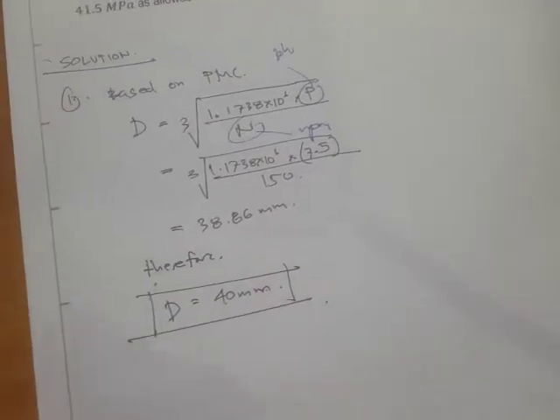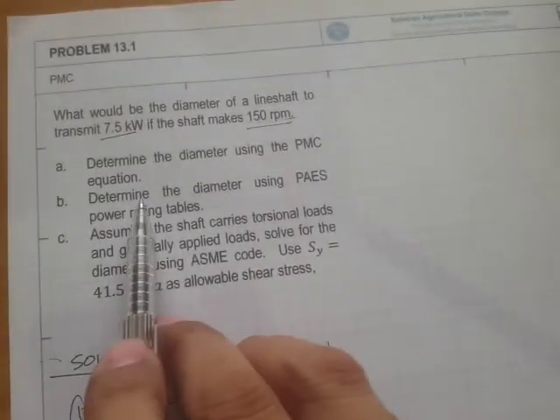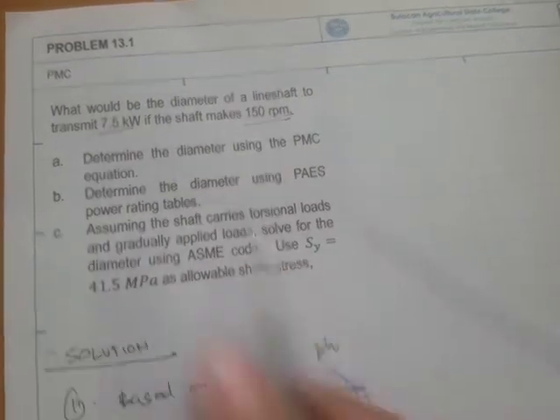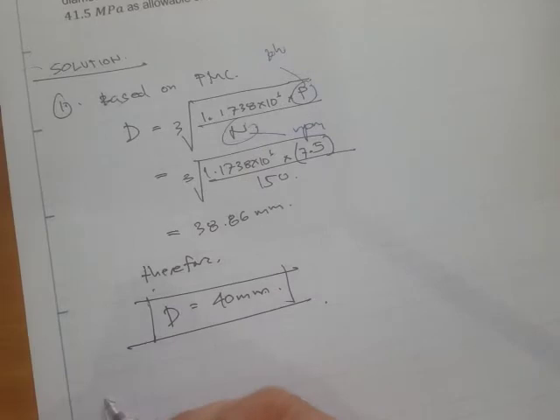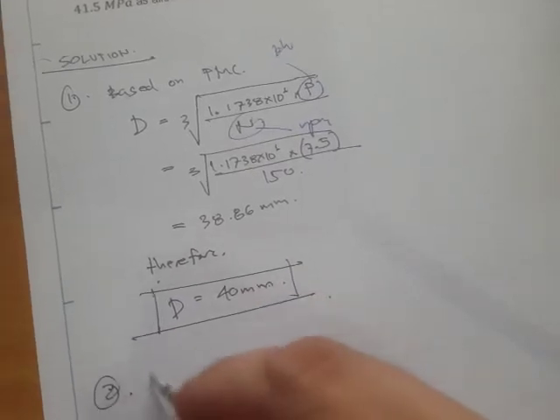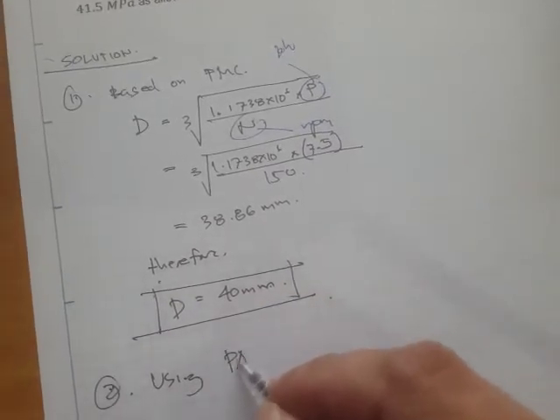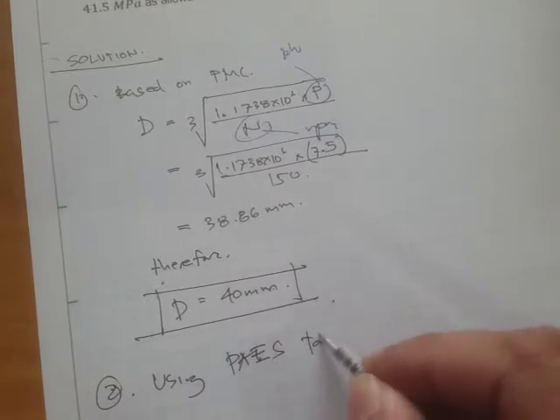Okay, the next is to determine the diameter using the BAFS power rating tables.